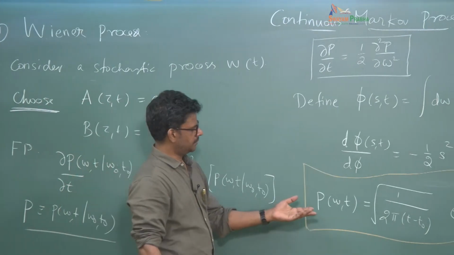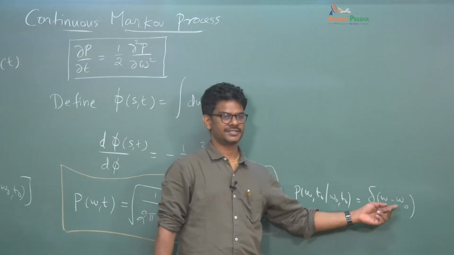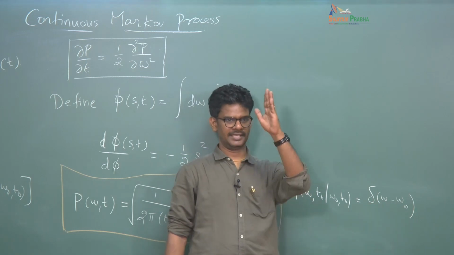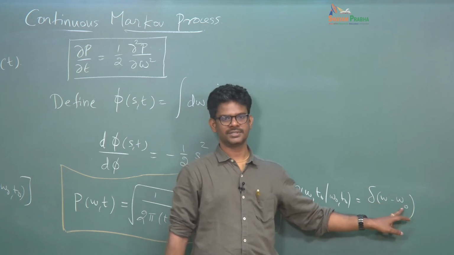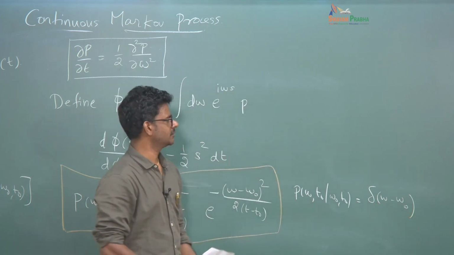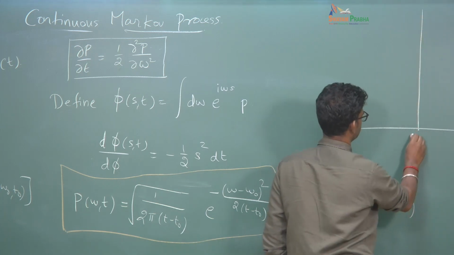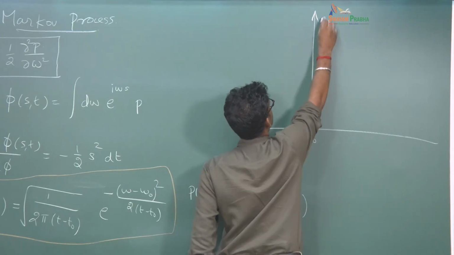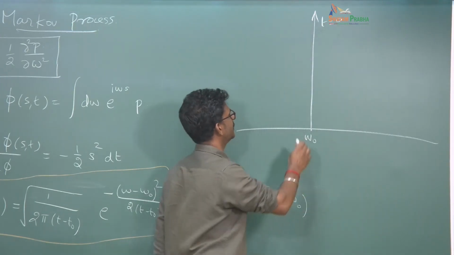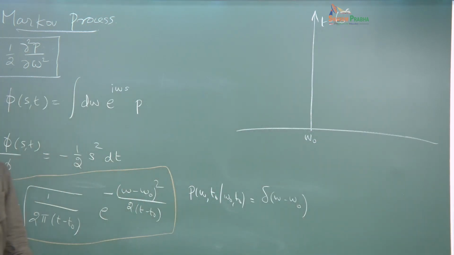So when you use an initial condition which is a delta function centered at w naught, okay, it's like a unit delta function at time t equal to 0, where w is located at w naught. Basically, if this is w naught, you have a delta function at t equal to t naught. That's the initial condition.